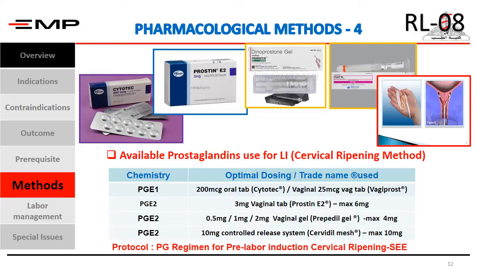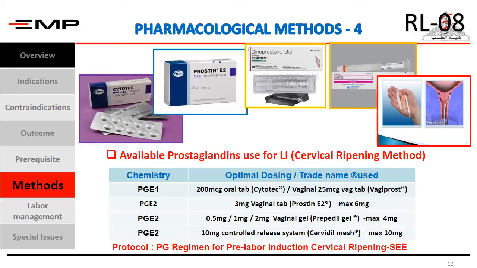It may be used either orally, sublingually, rectally, yet more effective vaginally. A 25 microgram vaginal tablet is also available. The dose frequency of its use is related to the route used, the clinical indications, and women's characteristics. Note that the FDA classifies Cytotec as a pregnancy category X drug.